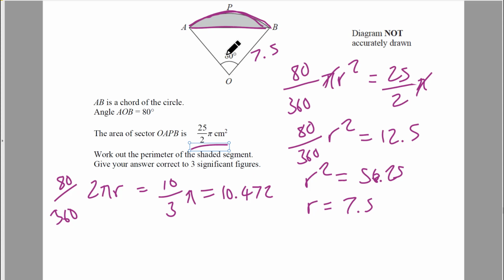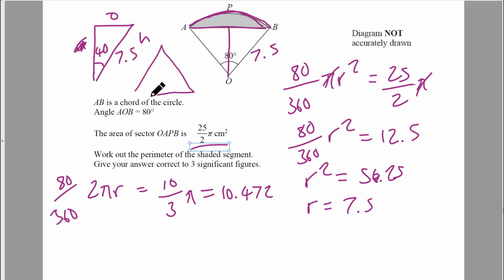Now, we need to find this part, but look, if we split that, we know it's our isosceles triangle, we're going to get a triangle like this. That's got to be 40, that's 7.5. This is the hypotenuse, this is the opposite, and that's the adjacent. We don't need the adjacent, so use our SOH.